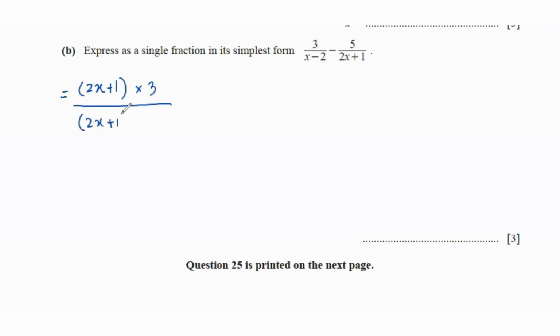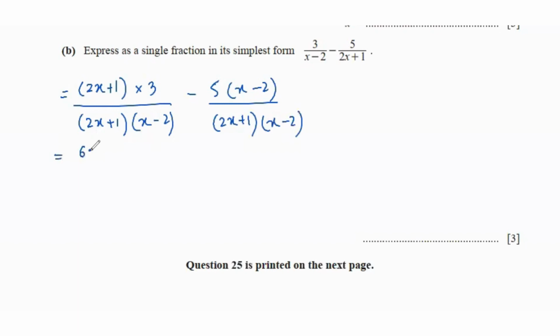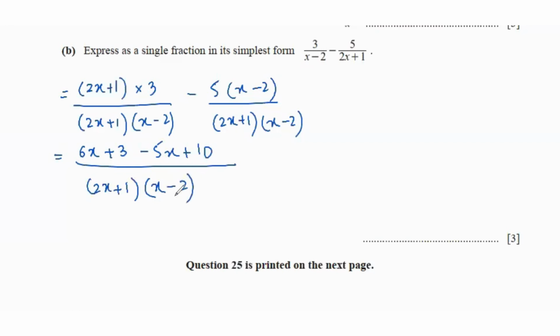And I'm going to multiply the second fraction by x minus 2. That's going to be 6x plus 3 minus 5x plus 10 over 2x plus 1 times x minus 2.